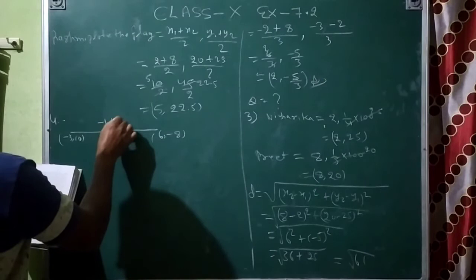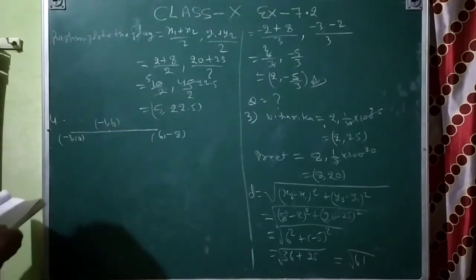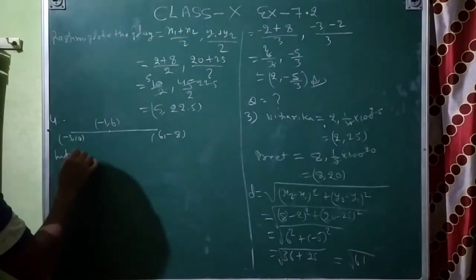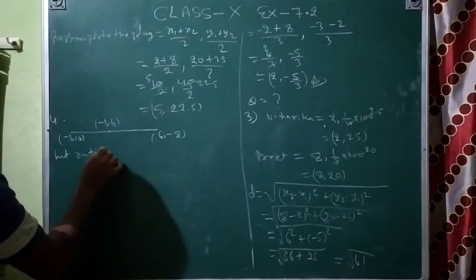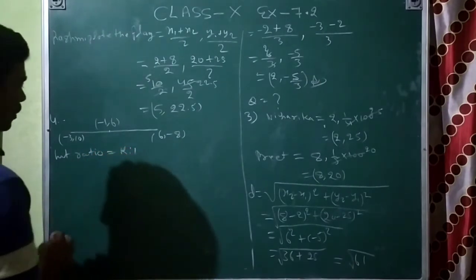We need to find the ratio. Let the ratio be k : 1.